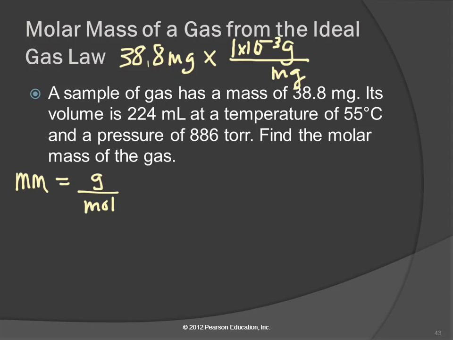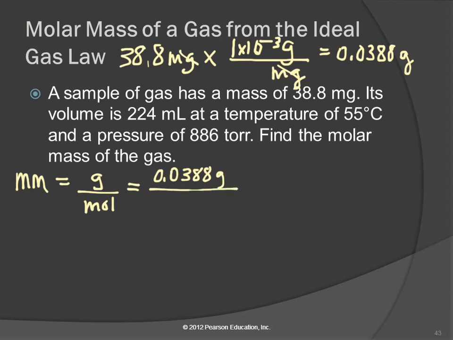So 38.8 milligrams, the milligrams are going to cancel out, and we're going to end up with 0.0388 grams. That's just a metric conversion. So that's the mass: 0.0388 grams.